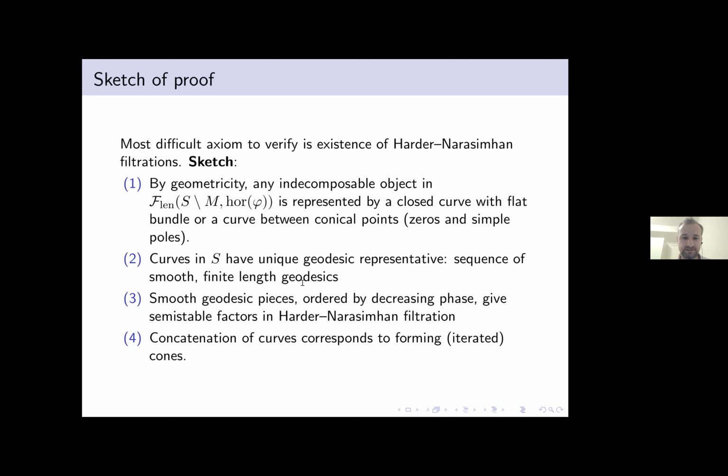So to prove existence, you need to give these semi-stable objects that will correspond to these geodesics, and to show that their extension, their repeated cone, gives you the original object, that some statement about concatenating curves corresponds to taking cones. Okay, so that's kind of an outline of how that works.